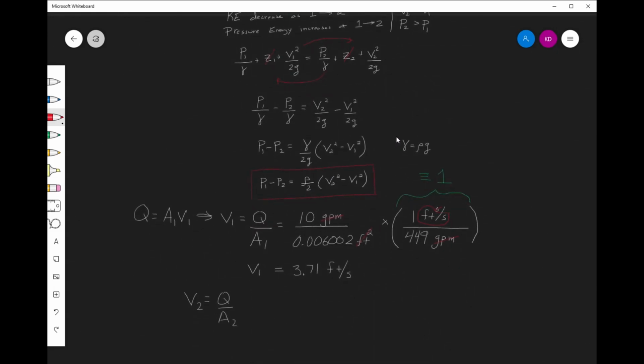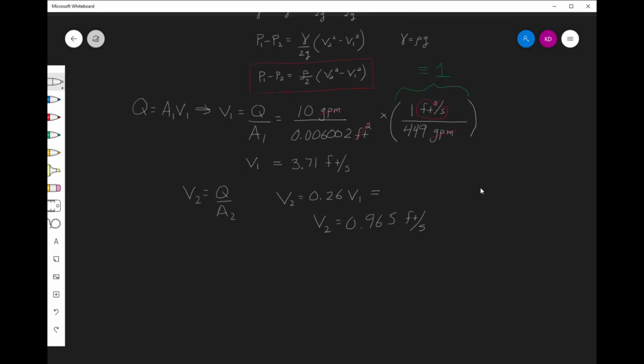So I can just use that same expression, and I therefore find that V2 is equal to 0.965 feet per second. So now I have everything I need.